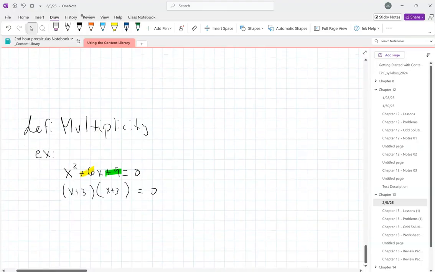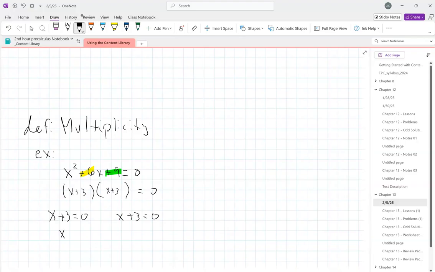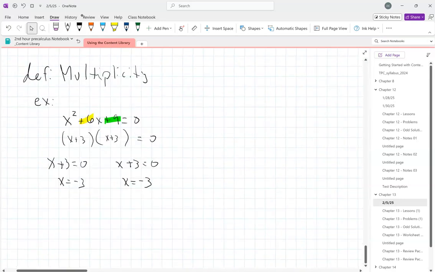That's good. So again, we can use our zero product property to set each of those equal to 0, and we solve, and we get x equals negative 3 and x equals negative 3. How many solutions did I get? 2. I really got one solution, right? But I got the same solution more than one time.